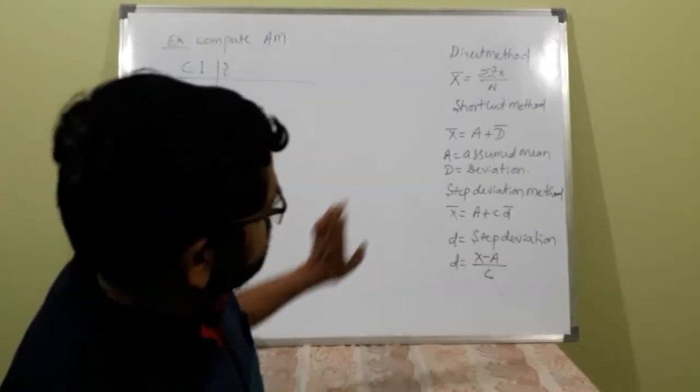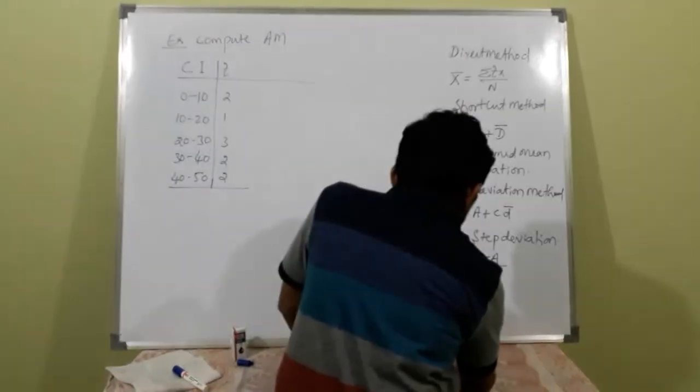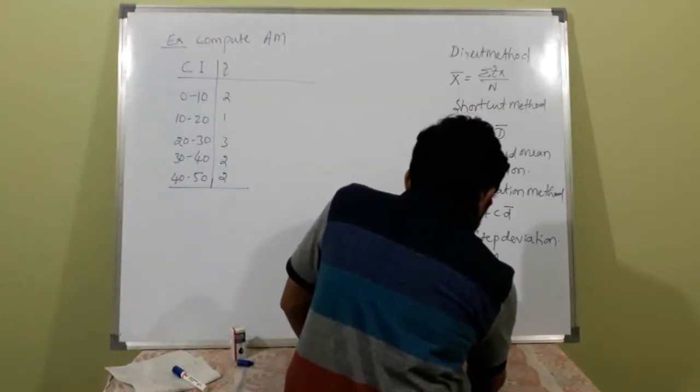See, a is assumed mean only, c means class width.